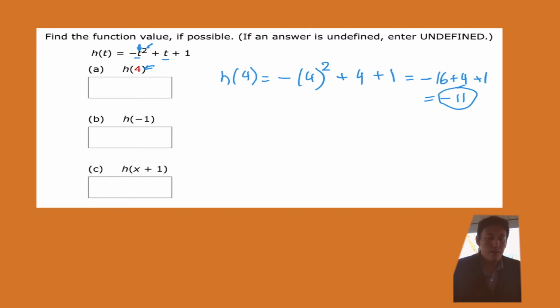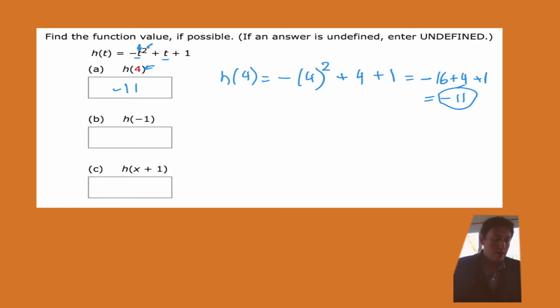And what that means is that for this function, when the x value is 4, the y value is negative 11. In other words, there is a parabola, and this is a parabola because of the t squared. In this parabola, there exists the point (4, negative 11) on the function itself. So negative 11 will be our answer here.